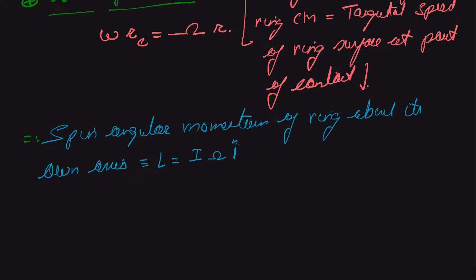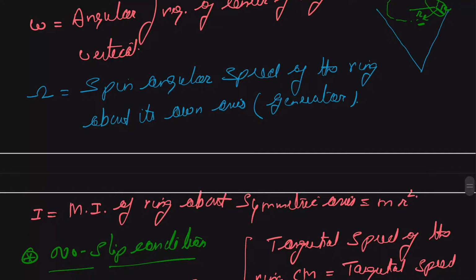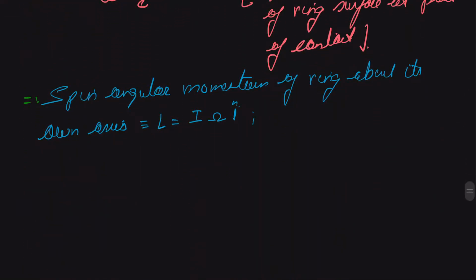Okay. This unit vector is along the generator. Okay. Like I said, the generator is nothing but the axis line basically. So you can say our L unit vector, this is a unit vector along generator.